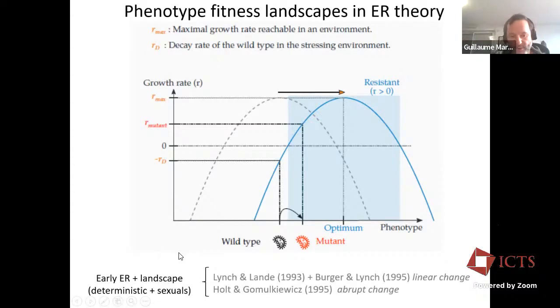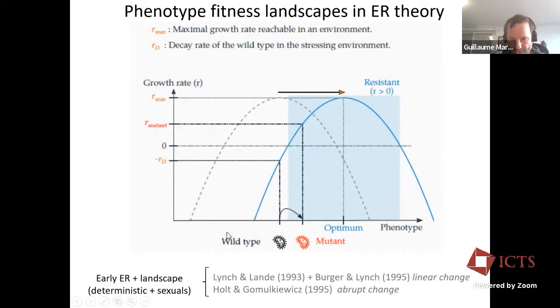These models are all deterministic, and they are in sexuals, where in some conditions, at least with weak selection, we can assume that the variance of the phenotype in the population remains constant. So the response is really a traveling wave in phenotype, not traveling at constant speed because it stops at the end, but a shift in the distribution of phenotypes that can follow the change in the environment.